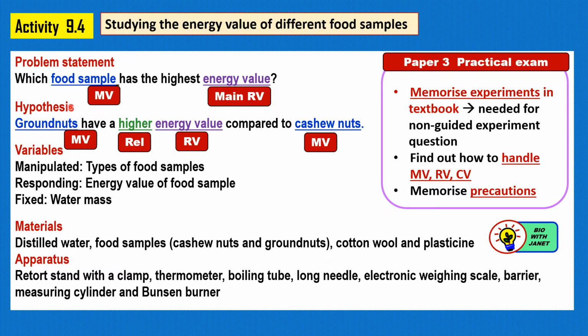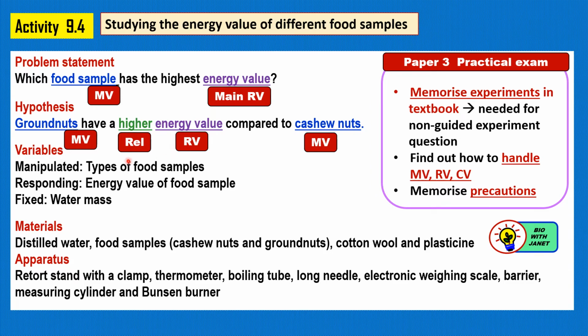Now let's say you are given groundnuts and cashew nuts to compare. So you must have a hypothesis where you have the RV, MV, and the correct relationship. So here our hypothesis is groundnuts have a higher energy value compared to cashew nuts, or a groundnut has a higher energy value compared to a cashew nut. That is based on per gram of the food.